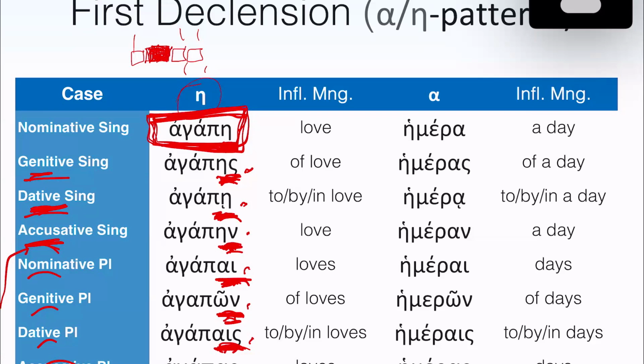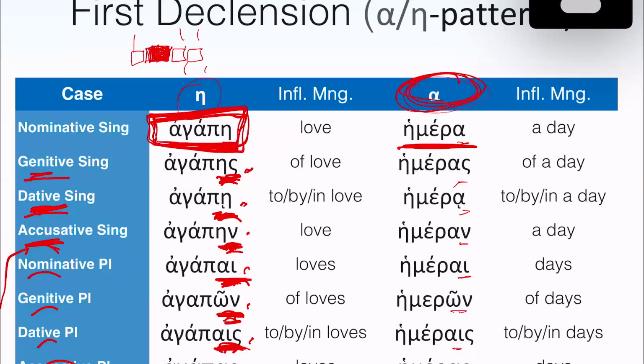So these are the endings that we want to learn. Then we've got our alpha endings. So we have the word hemera. And again, we've got a very similar set of endings that go on to these alpha words. And so that's why these two things are actually put together as one declension, because there's a lot of similarity.